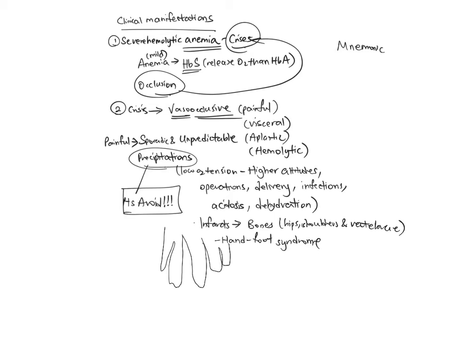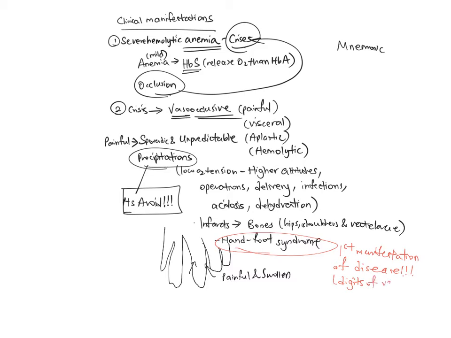It becomes very inflamed, very painful and swollen of the digits. And it's usually the first manifestation of this disease, and it could result in digits of varying length.